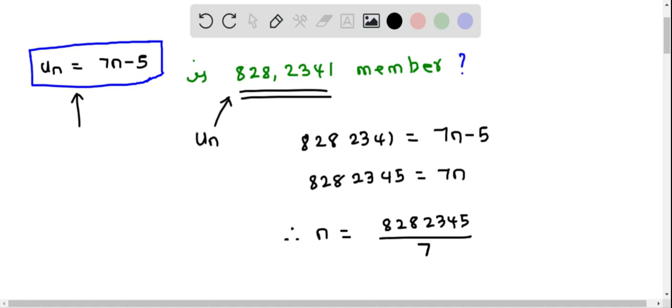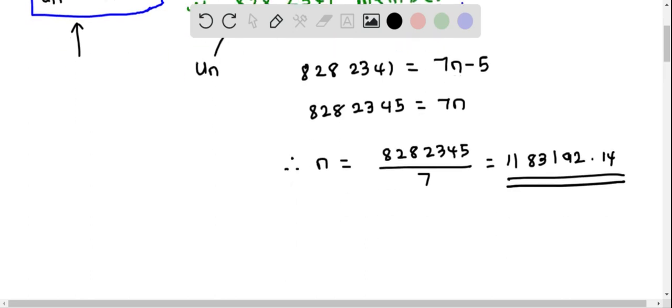And the result of this division is 1183192.14, approximately, rounded to two decimal places. So we are getting this n in terms of decimals, but not as a whole number.